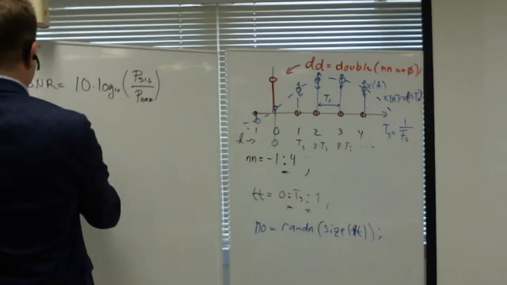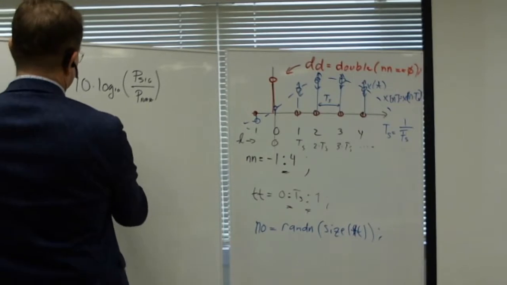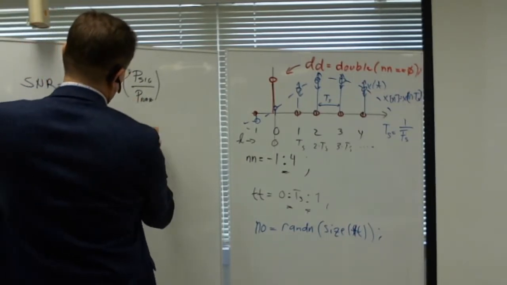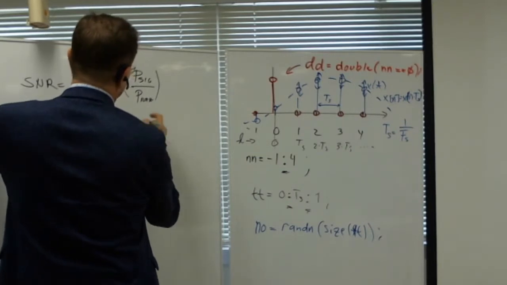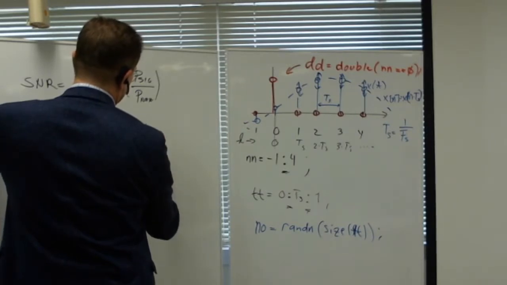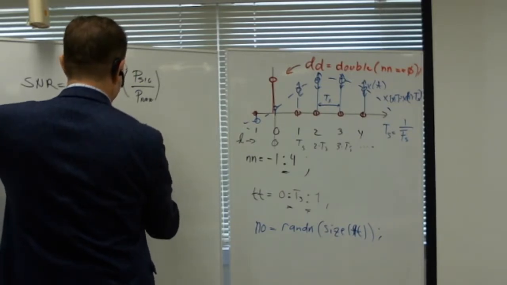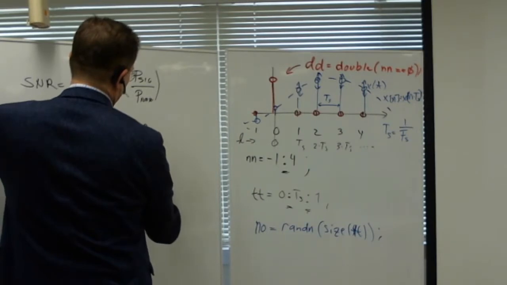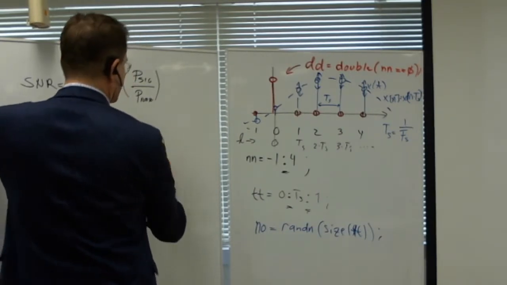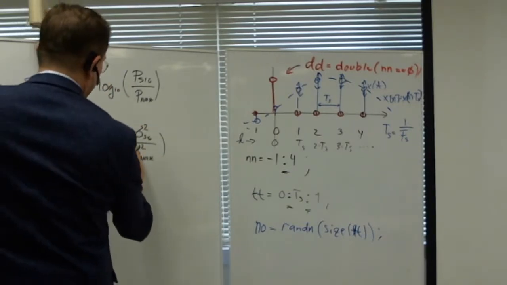And basically, this is exactly the same as the variance of signal divided by, not power, but variance of noise. And these are just statistical measures of the power.